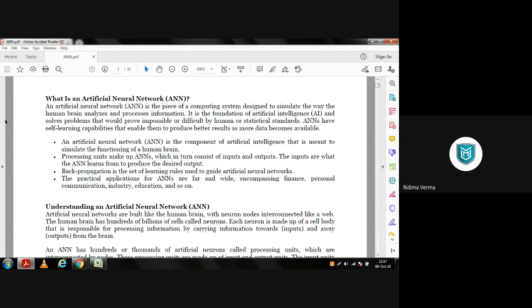So yes, as some of the students were saying, ANNs or neural networks are used for discovering patterns in data. That is very correct.